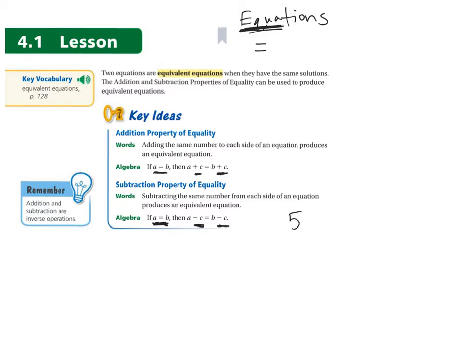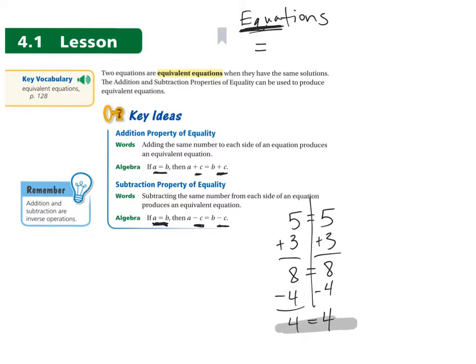If I have 5 equals 5, that is true, so both sides of my equation are equal. Now if I add 3 to one side, I get 8, and 8 no longer equals 5. But if I add 3 to both sides, then it remains equal. And that's kind of what we're going to be doing. Also, if I subtract 4 from both sides, if I subtract the same number from both sides, it maintains its equality.